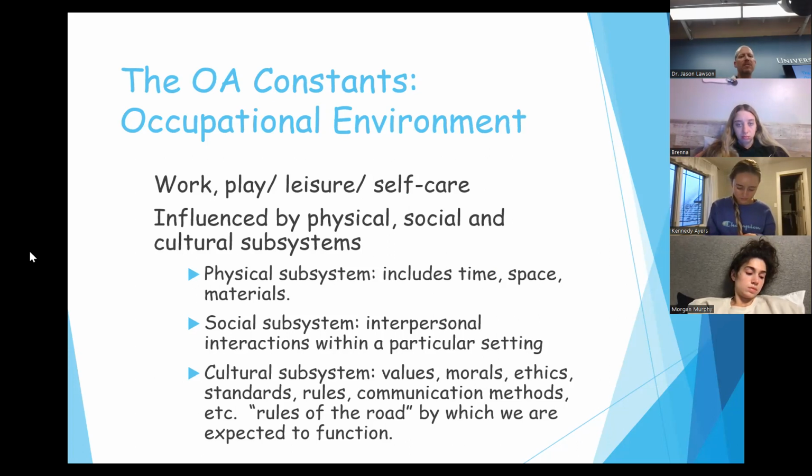So our physical subsystem or environment is going to include the time that we have, the space that's available, so like our physical space and maybe our physical materials that we have access to. Our social subsystems are going to be our interactions with other people within a setting, and they're going to be more interpersonal, so how we interact with others that are around us.